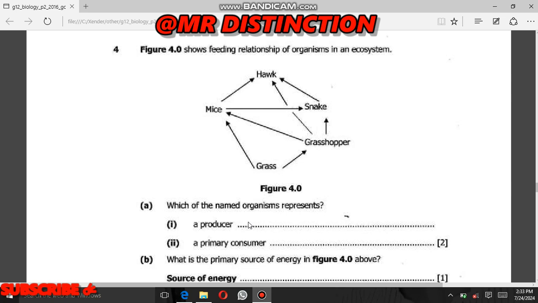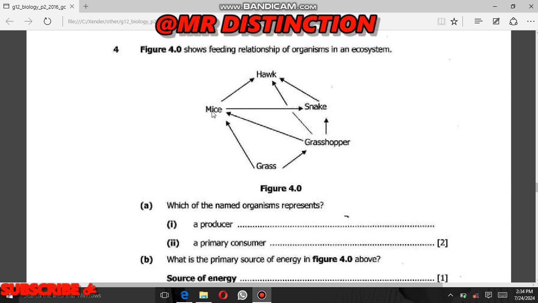Green plants are responsible for the process of photosynthesis. And the byproducts of photosynthesis are oxygen and glucose. Glucose is a nutrient which is used by most of the organisms in an ecosystem. For that reason, green plants are referred to as the producers in any ecosystem.